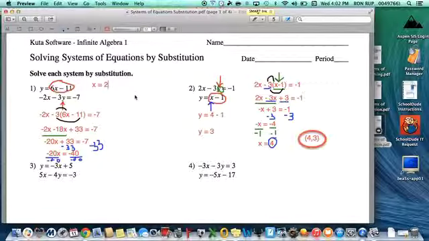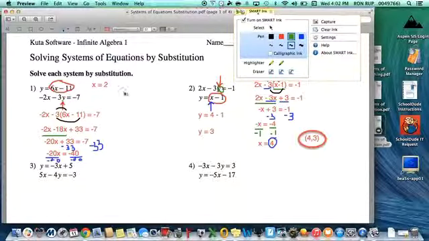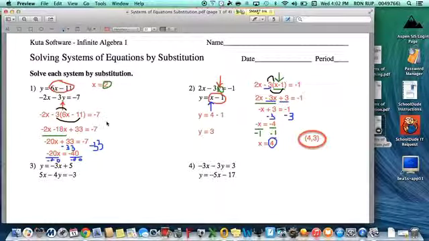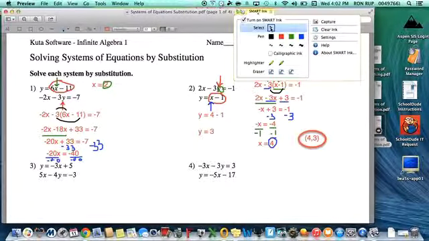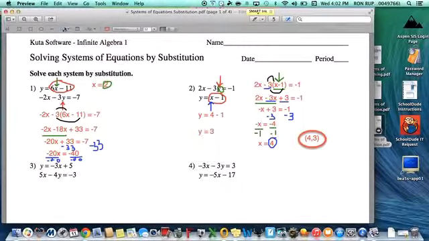positive 2. And so now again, because x equals 2, anywhere I see an x, I can change it to 2. So I'm going to go ahead and do that. Again, see if you can pause it and write the equation by yourself before I do it.